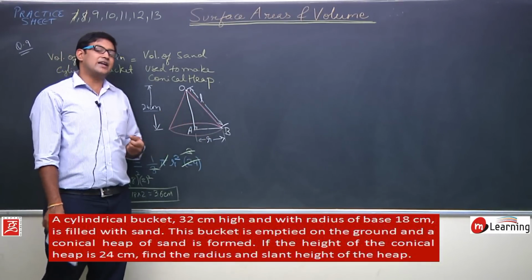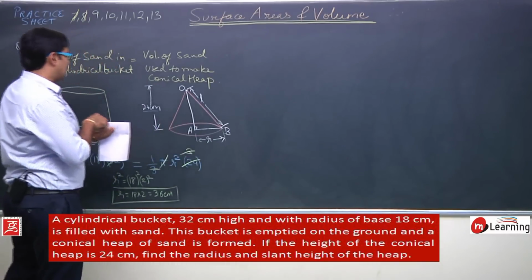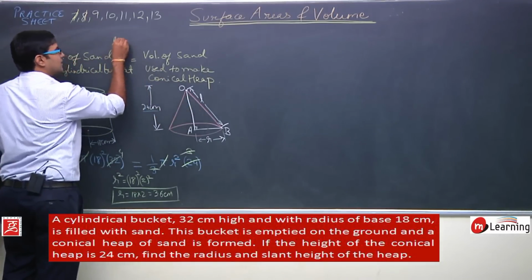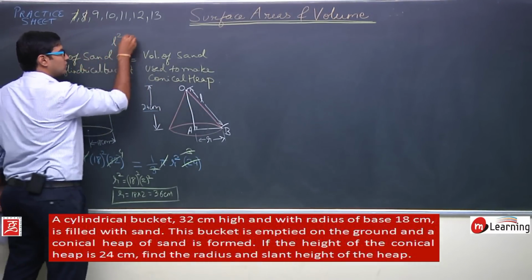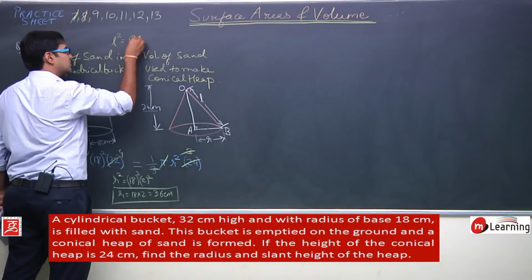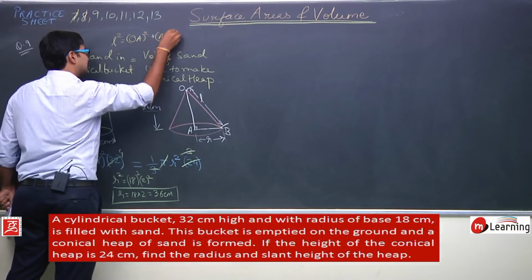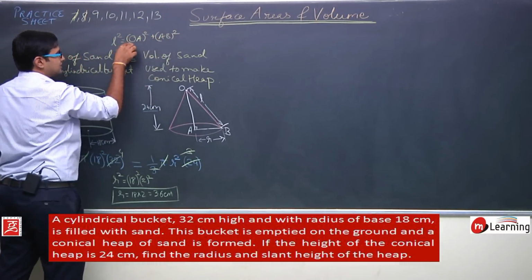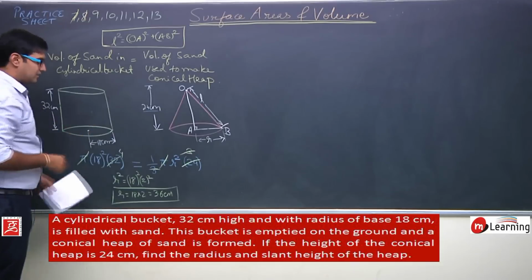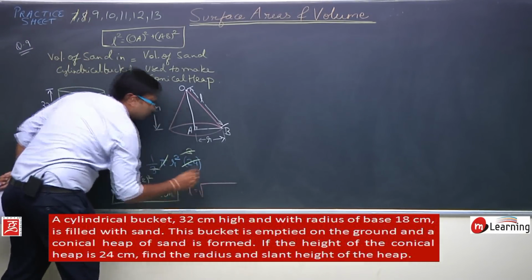And this is a right angle triangle, so I can apply Pythagoras theorem. What I can write is that the slant height L square is equal to OA square, or h square, plus radius of the base AB square. So using this formula, I can determine the value of slant height. L is equal to square root of OA square plus AB square.